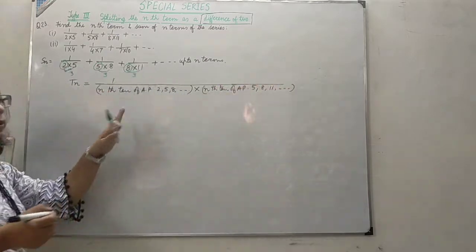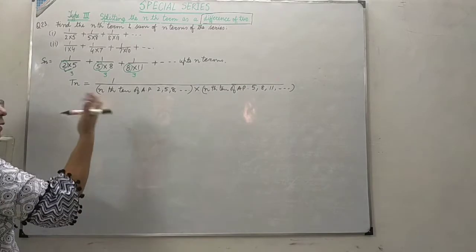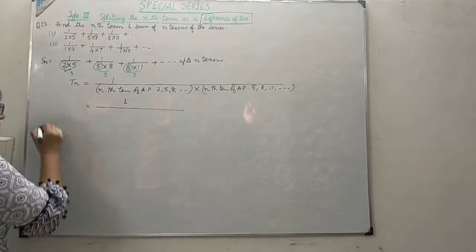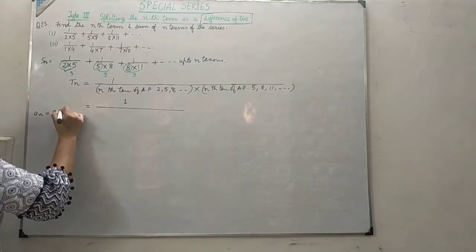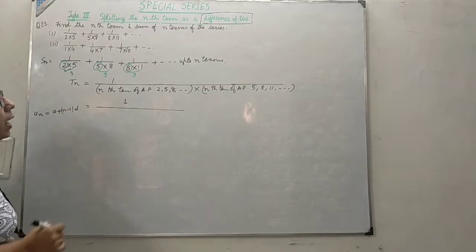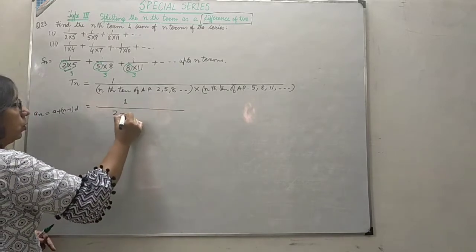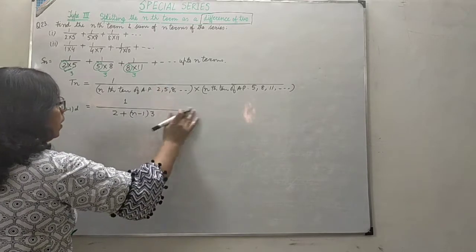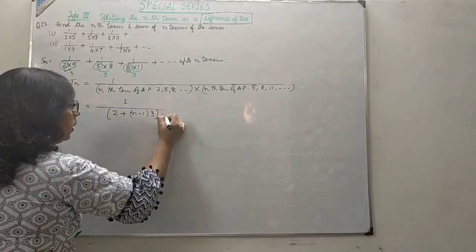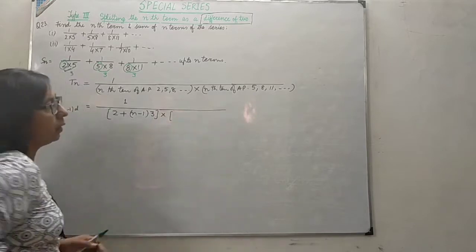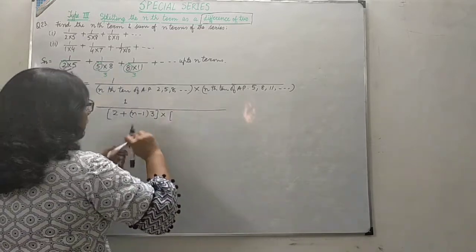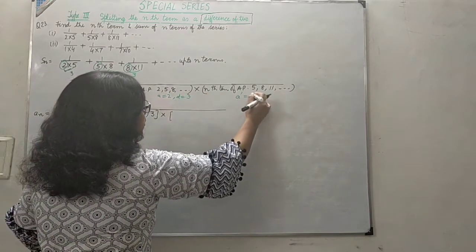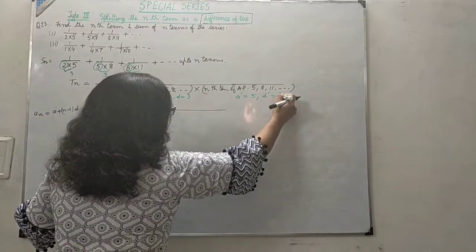The general term is 1 upon this one, as we have done earlier in the questions. 1 upon the nth term of the AP, we are using the formula an equals a plus n minus 1 into d, and here a is 2 and d is 3, and this is the first factor. For the next, a dash is 5 and d dash is 3.